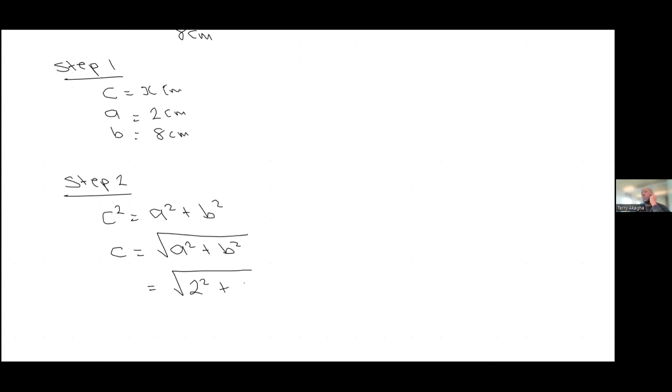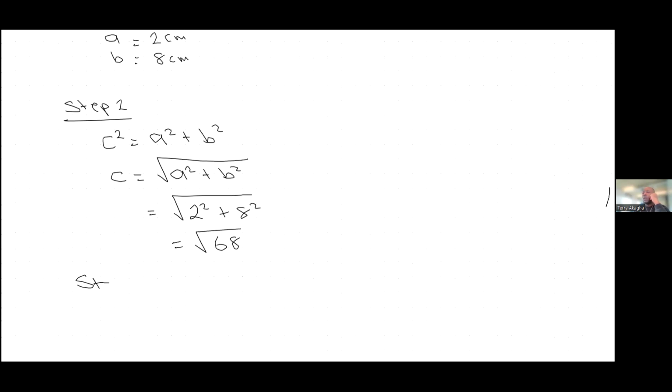Now, 2 squared plus 8 squared gives us the square root of 64 plus 4, and that will give us 68. And step 3, we're now told that we need to simplify. So we can break down the square root of 68 to be equal to 2 root 17 centimeters.